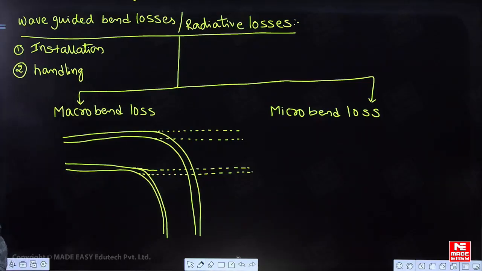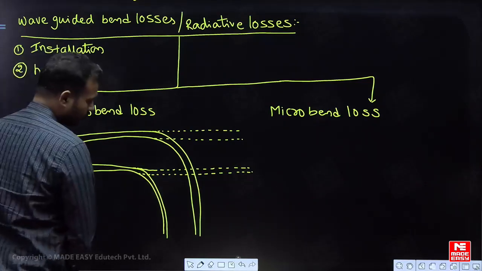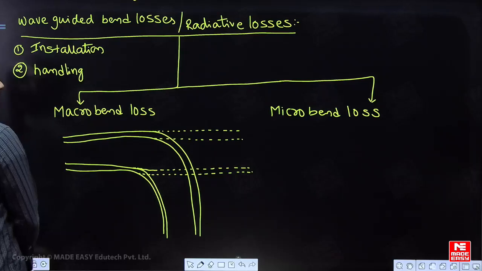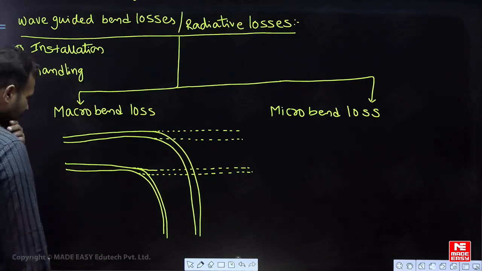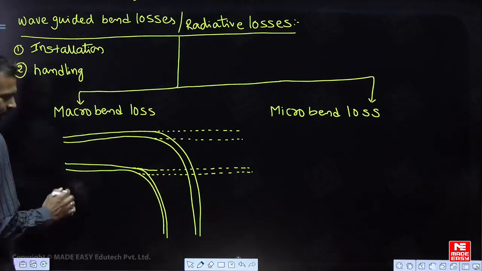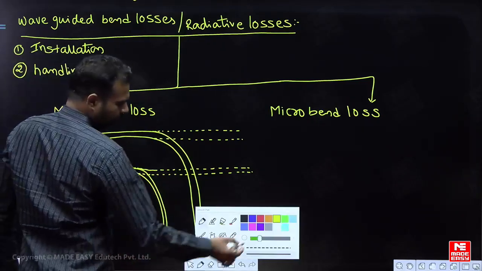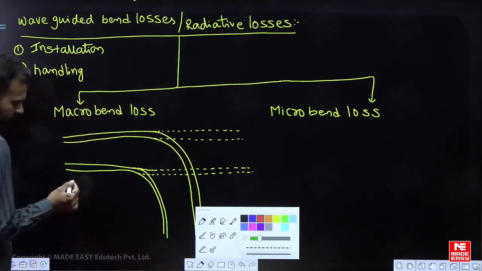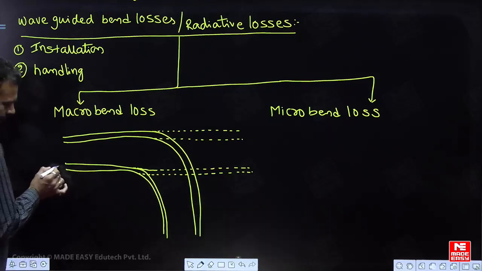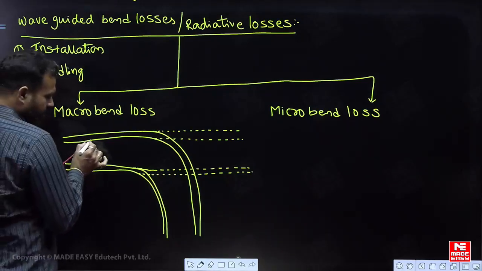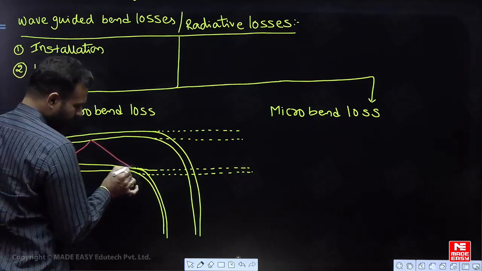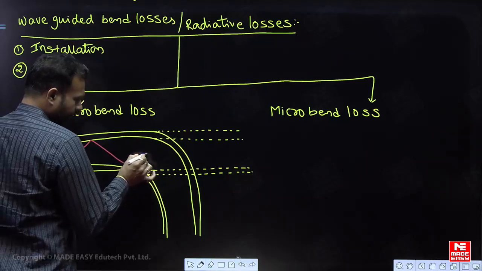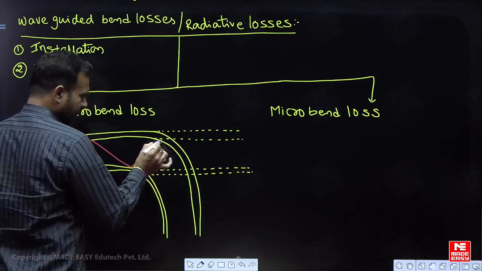Okay, just see here. Talking about the macro bend loss, our light signal is passing through it. Concentrate. It started from here, and when it wants to hit here, just see the difference.